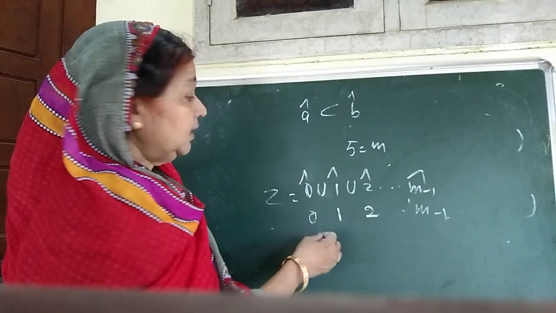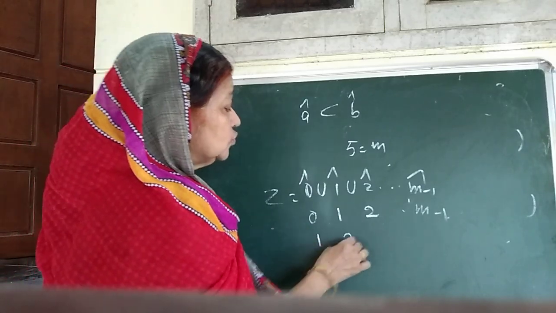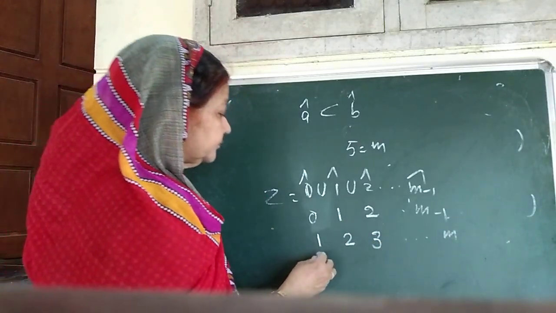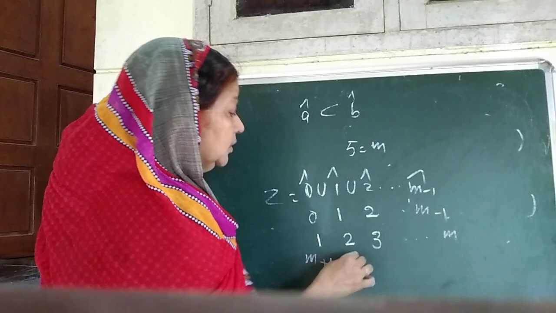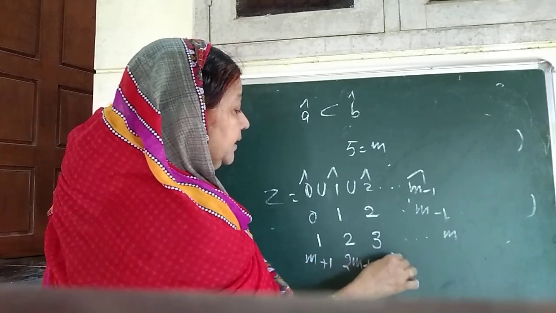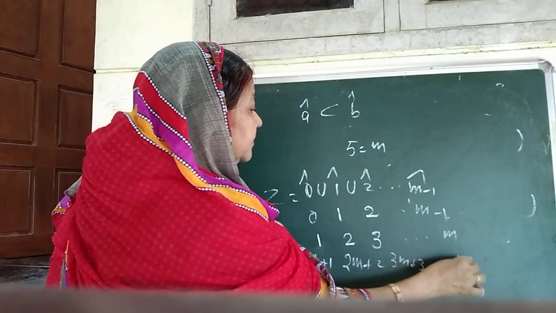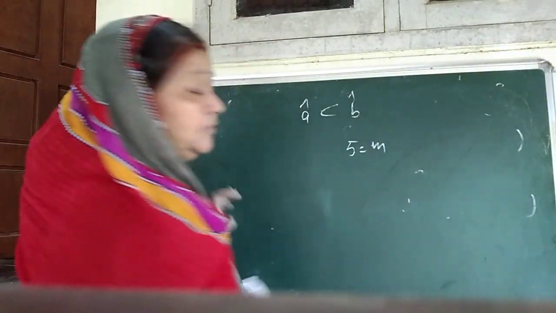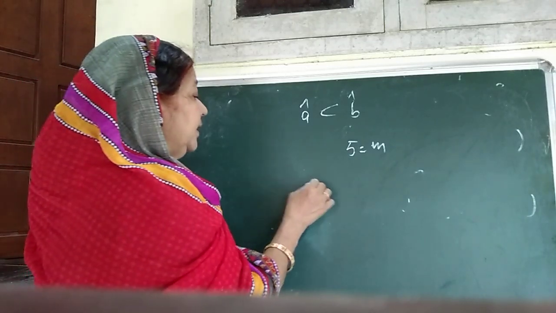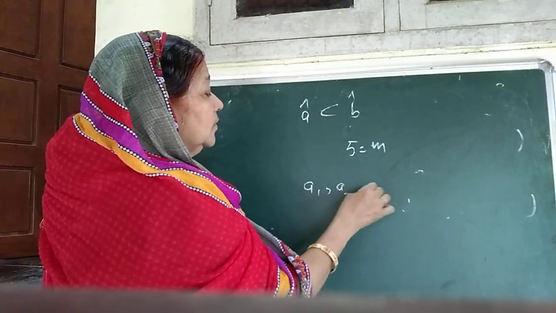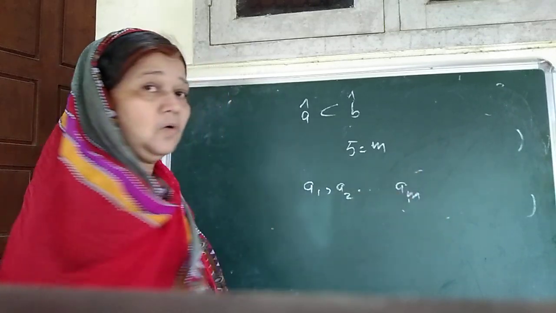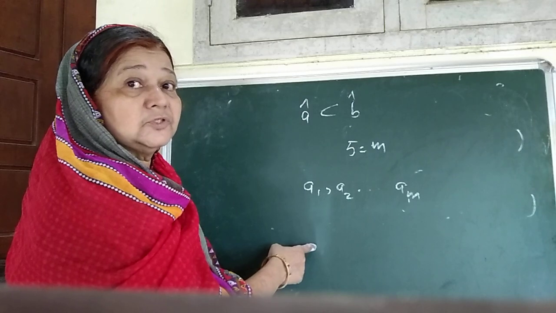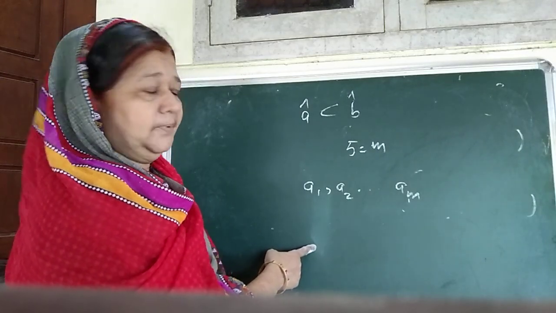Similarly, we can take 1, 2, 3, etc. to M also. Or M plus 1, 2M plus 2, 3M plus 3, etc. M squared also. Generally, a set of numbers, say A1, A2, etc. AM, is called a complete residue system if each A belongs to a distinct residue class A cap.